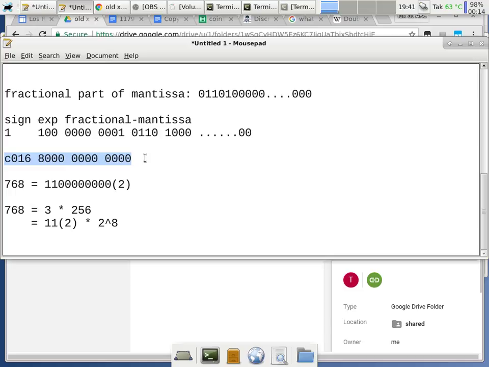You have to say, okay, where's my sign bit? Where are my exponent bits? 11 of those. Where are my fractional mantissa bits? 52 of those. Then you look at those specific parts, do the calculation, and figure out what value it is representing. So that's basically the same thing, except it is reversed. I give you the bit pattern, you tell me what value it is representing. The original question is giving you the value, and you have to tell me what it looks like as a double precision floating point number.